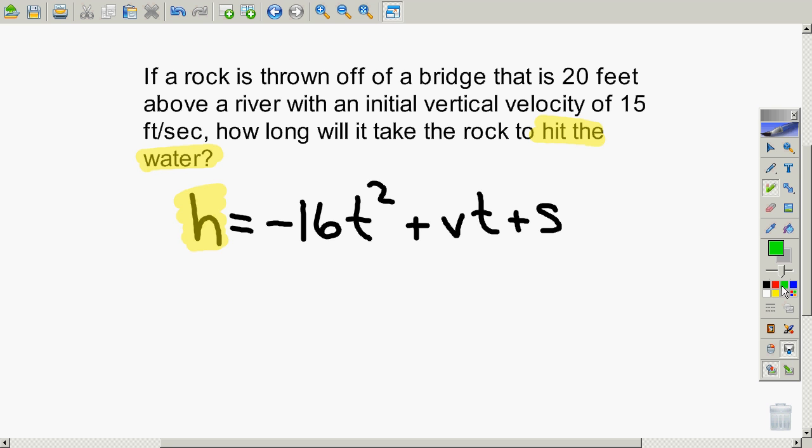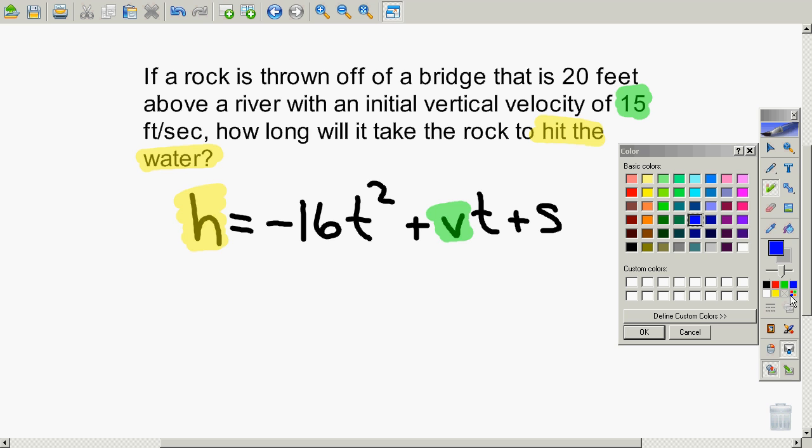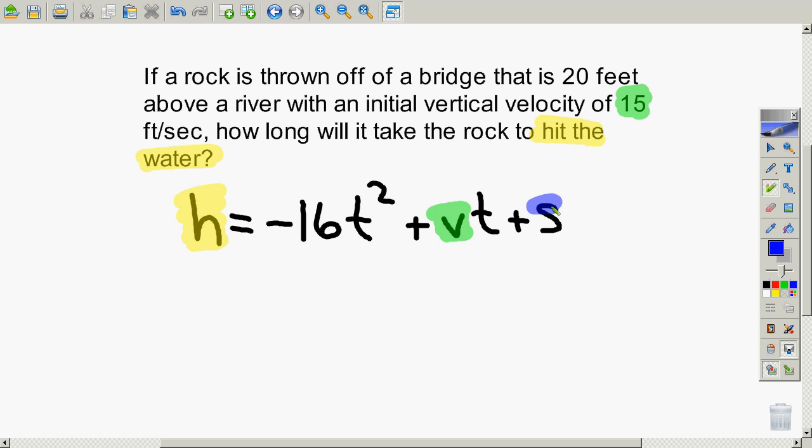The v is the initial velocity, which is right there, 15 feet per second. And the s is the starting height here. And our starting height, it says, is 20. You can see the 20 right there.